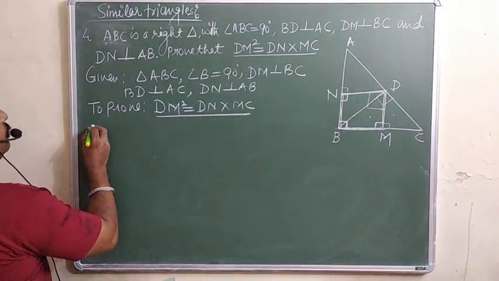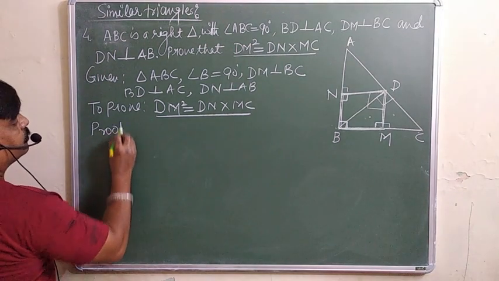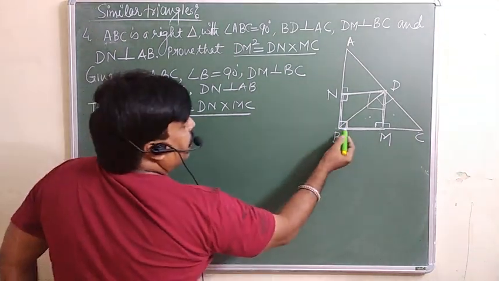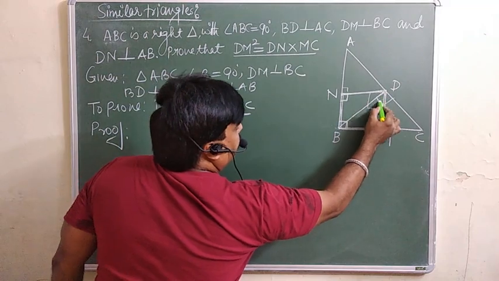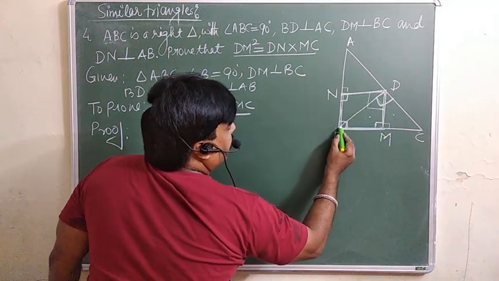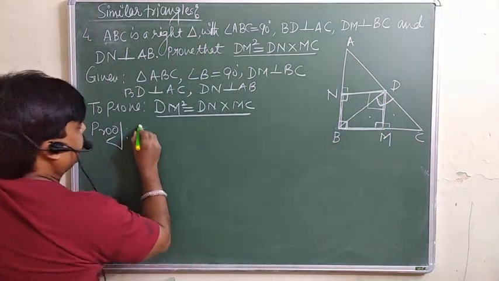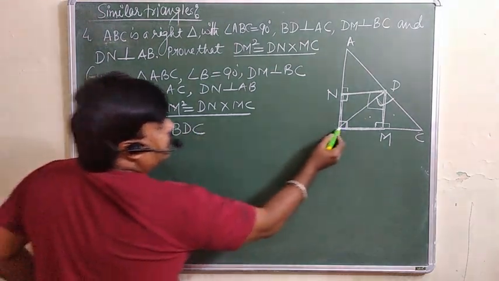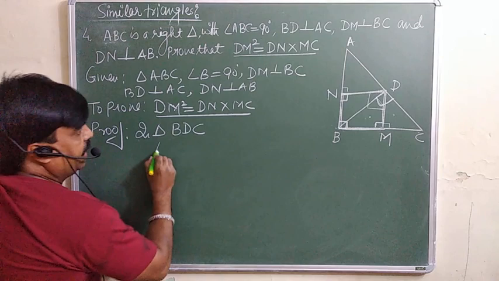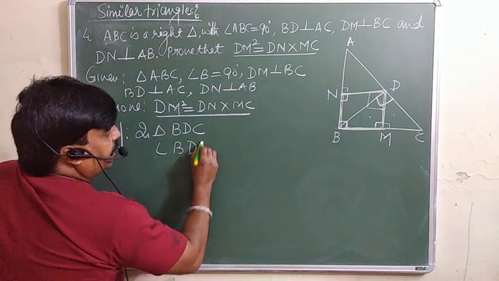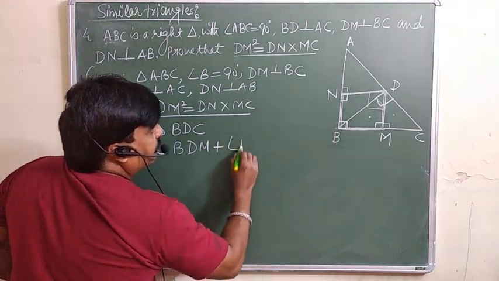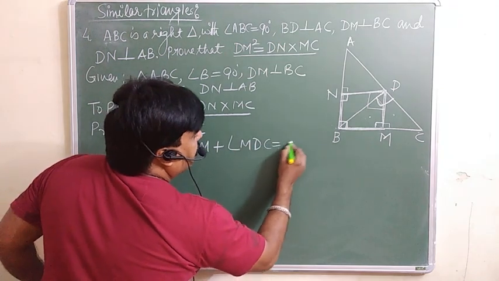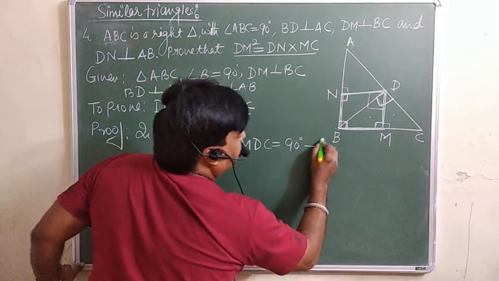See now here you can see this is your 90 is there. You can say in triangle BDC, angle BDM plus angle MDC is equal to 90. This is already given.